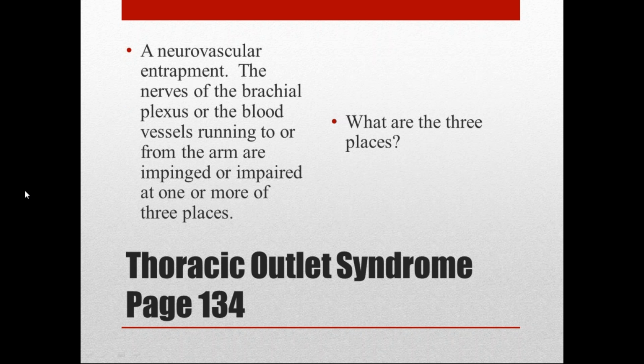You can see that the blood vessels and the brachial plexus have to run through a pretty tight area there. So either just the brachial plexus or the blood vessels start to get impinged and cause trouble. Okay, so what are the 3 places that it can get trapped?